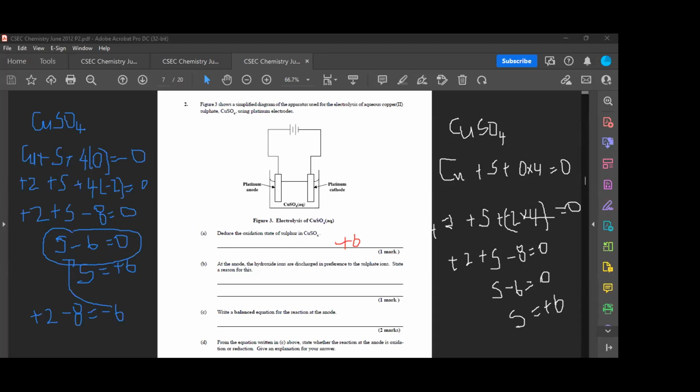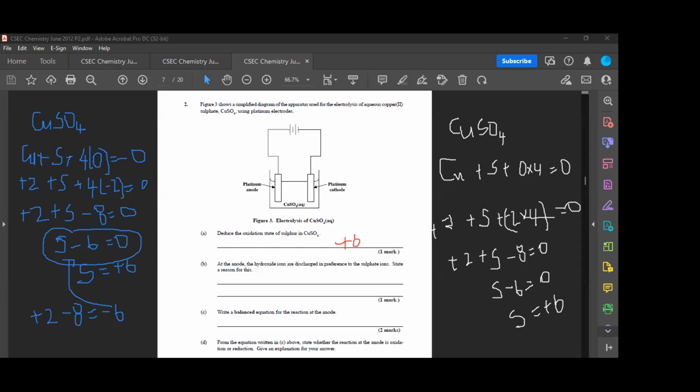Sir, is it because of the reactivity series? All right, type it, let me check. Sir, I was saying, is it because of the reactivity series?